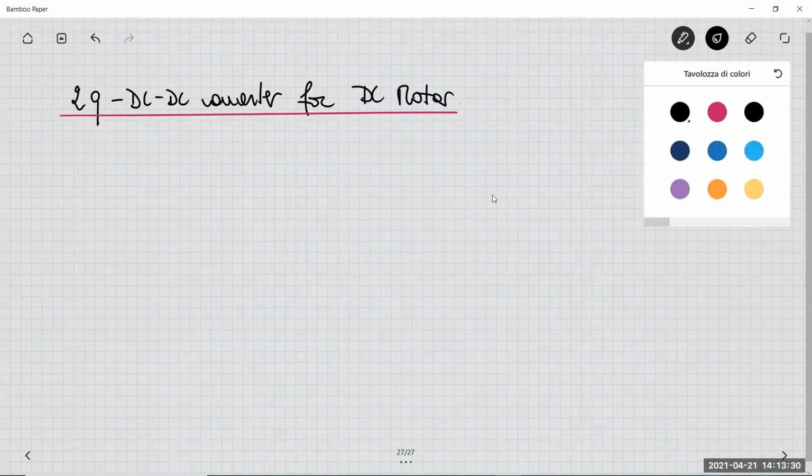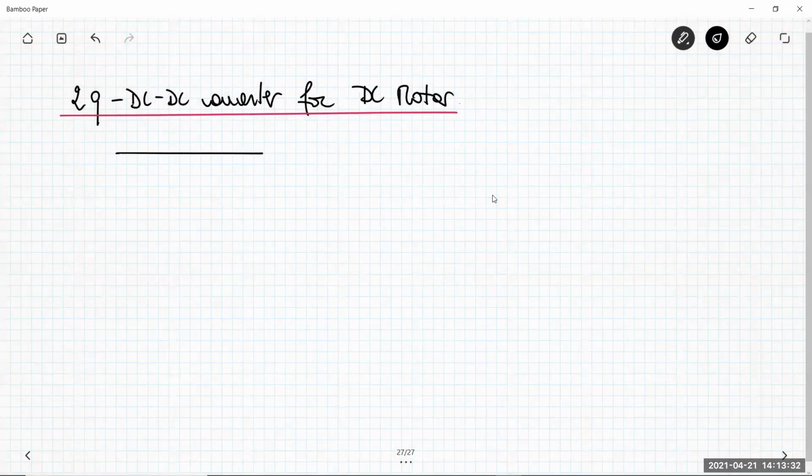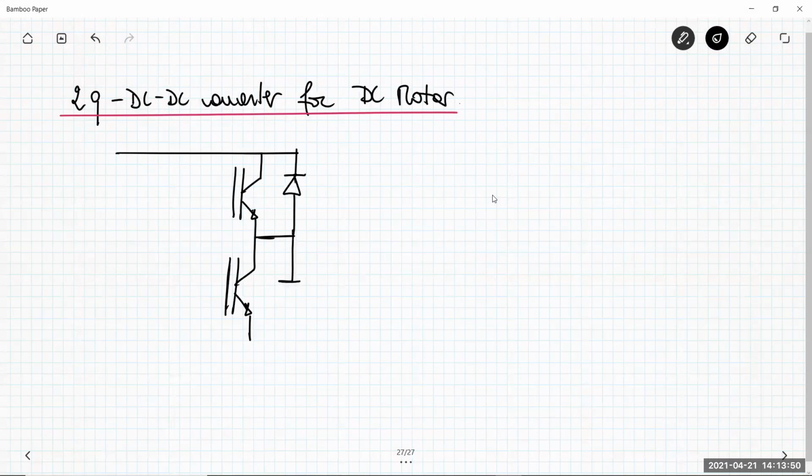Let me just draw these devices as you usually can find in literature, datasheets, etc., which is something like this.